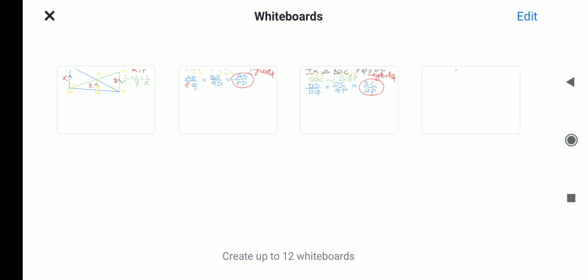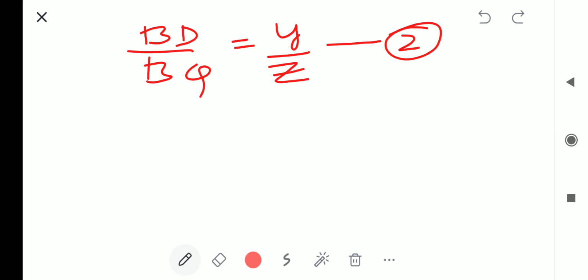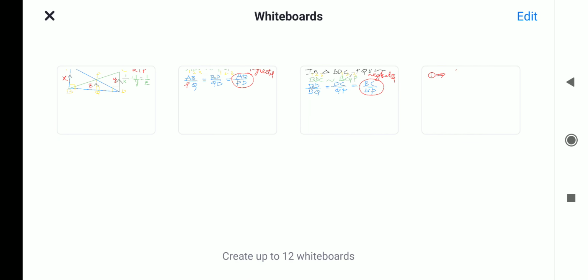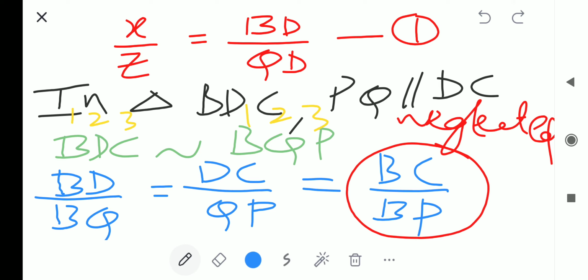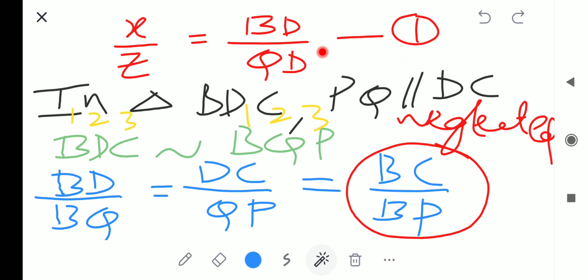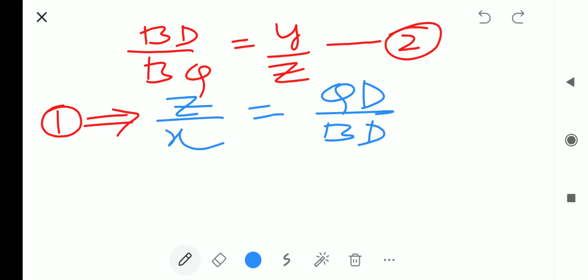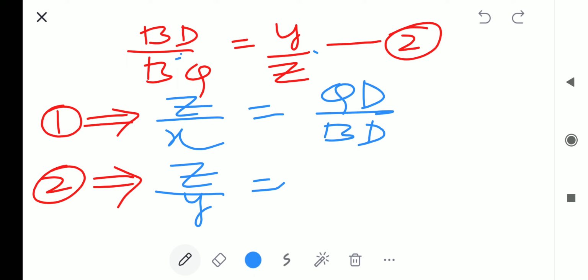Now observe equations 1 and 2. Equation 1 is X by Z is equal to BD by QD, and equation 2 is BD by BQ is equal to Y by Z. The first equation I am going to write as Z by X is equal to QD by BD, reversing the ratios on either side of the equal sign. Taking the second equation, reversing both sides, I get Z by Y is equal to BQ by BD.